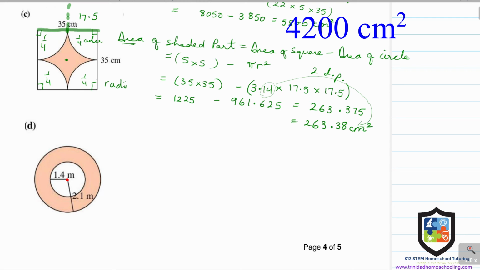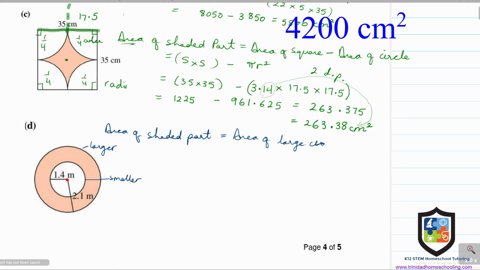Now how do we find the area of the shaded part? Again, we could take the area of the larger circle and subtract the area of the smaller circle from it. So the area of the shaded part is equal to the area of the large circle minus the area of the small circle.